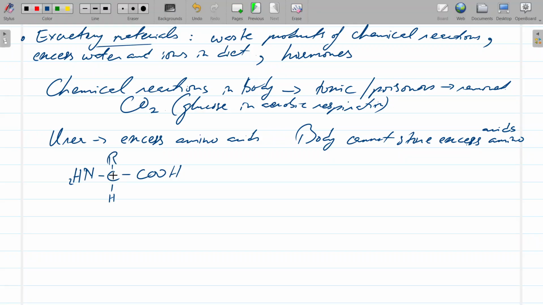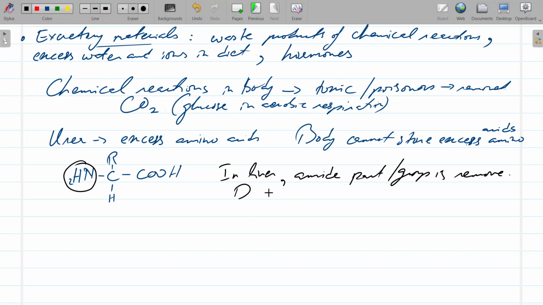and the R group. So what happens is in the liver, the amino group is removed, and this is called deamination. Then that's converted to ammonia, and ammonia is very toxic.